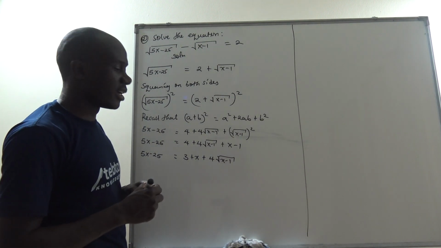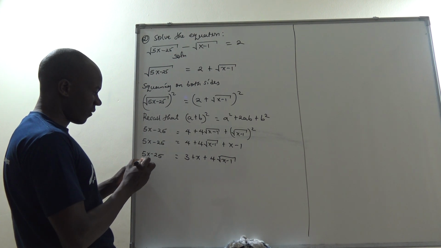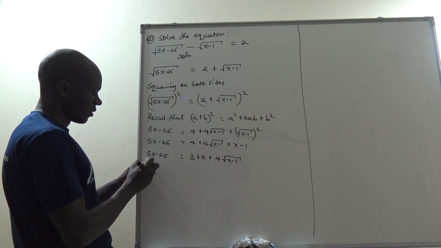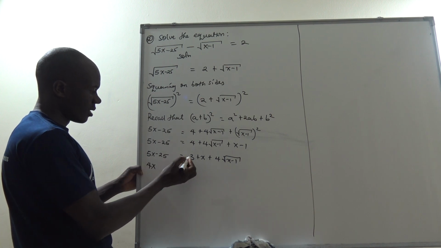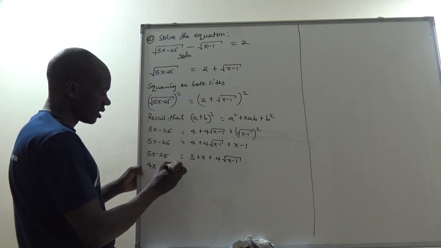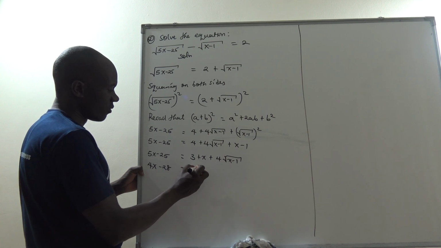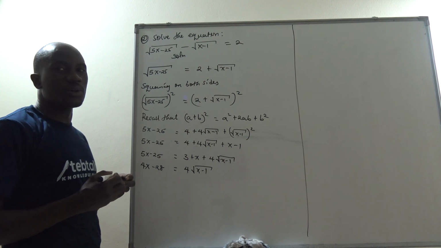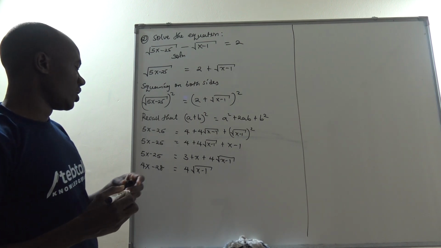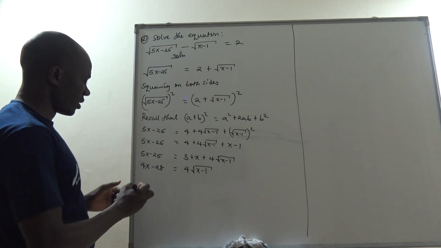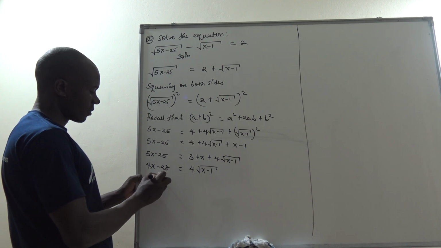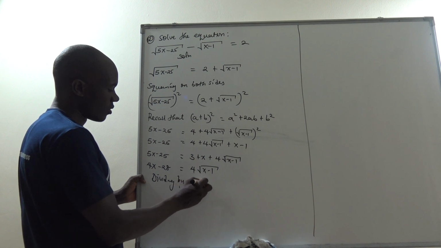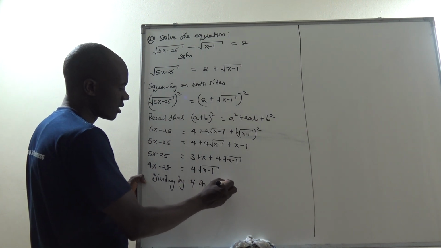Again, we collect like terms. We bring this x here, and we shall get 4x minus 28 equals 4 root of x minus 1. Can we see what is common is a 4? We divide out by 4, dividing by 4 on both sides.